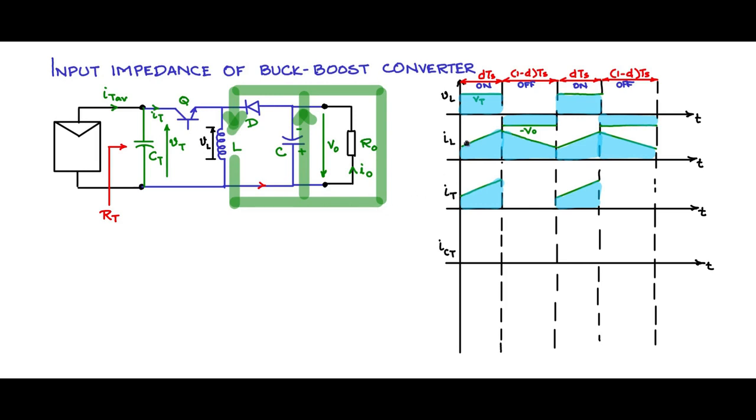And if you look at the inductor current waveform, observe that the inductor current, while the transistor Q is on, goes in this direction, and while it is off, the inductor current goes in this direction.